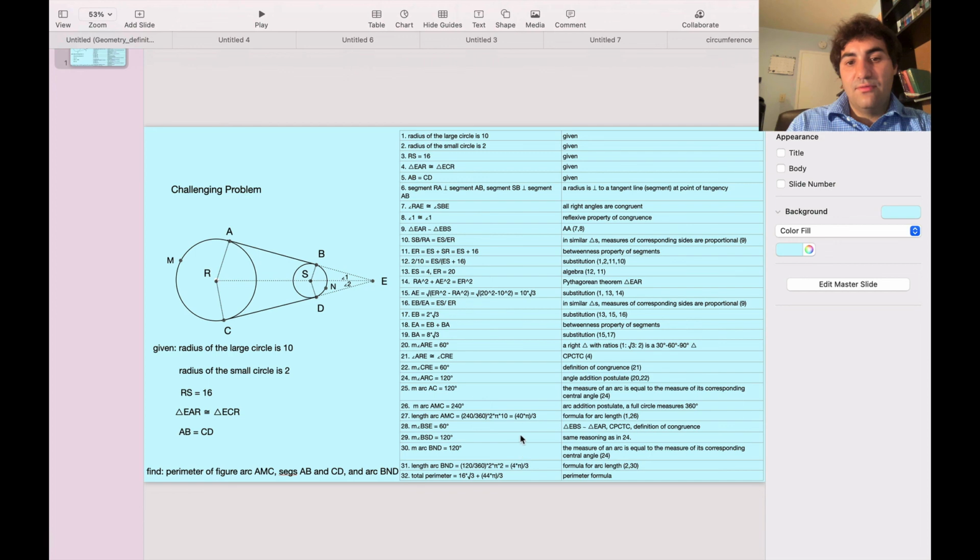So this is going to be 44 pi over 3. So the total perimeter is 16 times square root of 3 plus 44 pi divided by 3 by the perimeter formula. So this would give you, in theory, the measure of this chain or rope that's tied around these two circles that are at a certain distance from each other.